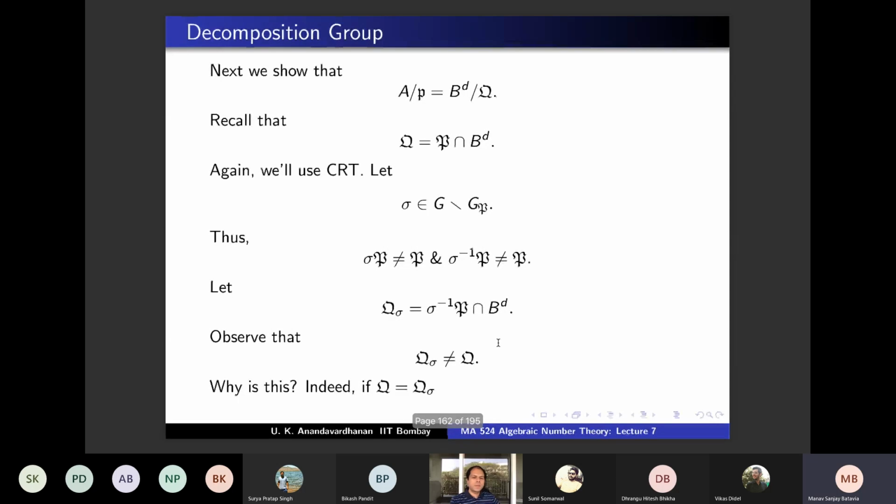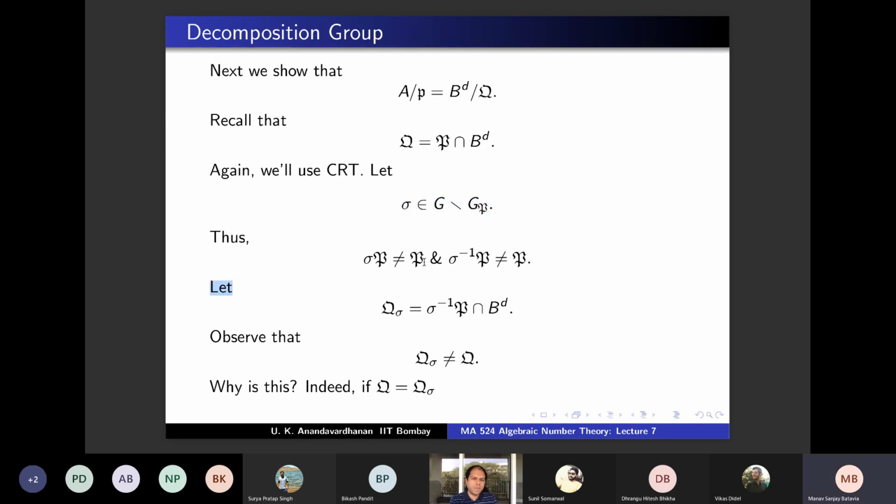Didn't we have sigma P equal to P or something? Like we had that P was such an ideal that sigma P is equal to P. We had that over there, right? No. What we have is sigma P equal to P for all sigma in GP. That is what was defined as GP: GP consisted of those sigma such that sigma P is P. Now I am taking a sigma outside GP.